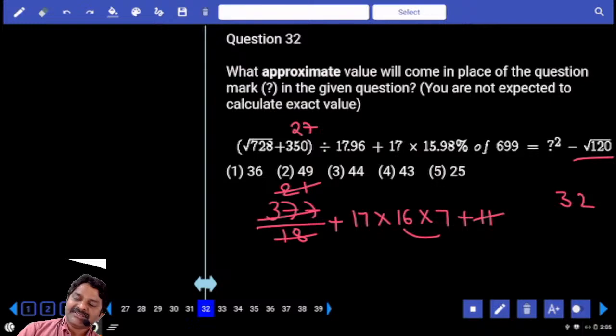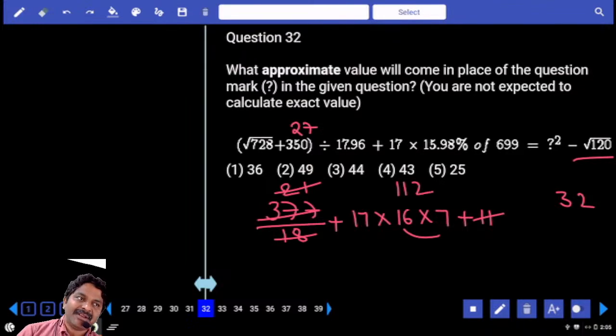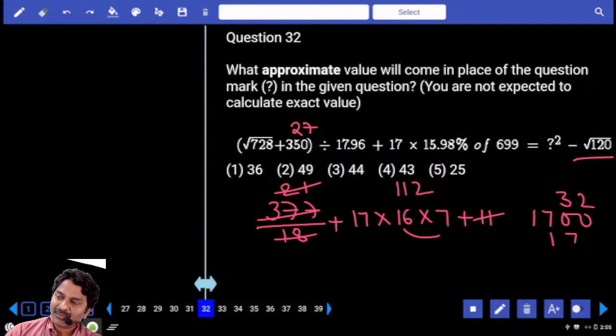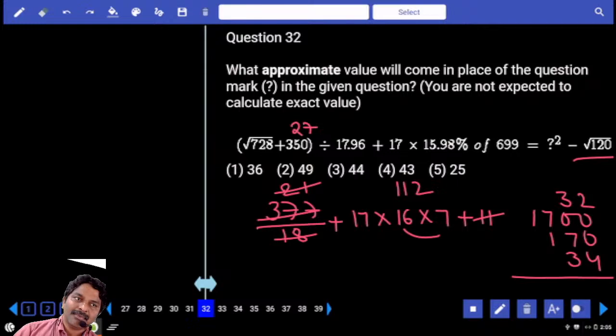Now, 7 times of 16, how much is that? 112. 17 times of 112, 100 times 1700, 10 times 170, 2 times 34. 1700 plus 100, 1800, 700, 300, 1 more 100, 1900, 36.